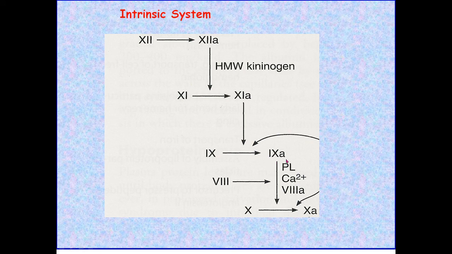This active 9A now acts on the inactive factor 8 and converts it into the active factor 8A. And this active factor 8A, in presence of the phospholipid and the calcium ion, acts on the factor 10 to convert it to 10A.